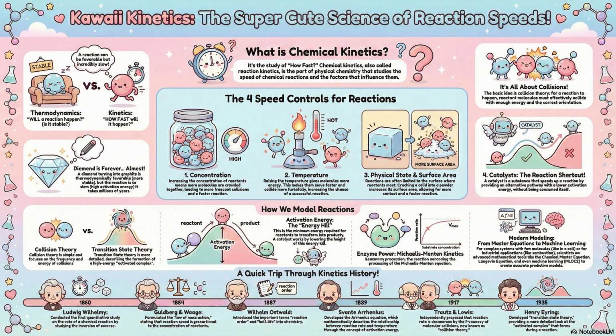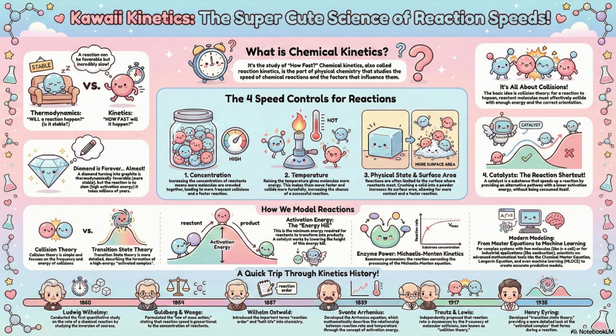So he is the one who turned it from just an observation into a real quantitative science. He did. And then that framework got generalized a bit later by Goldberg and Waage. Cato Goldberg and Peter Waage, in Norway, 1864. They formalized it into the law of mass action. Which says that the force driving a reaction is proportional to the product of the reactant concentrations. It's the universal mathematical engine behind all of this.